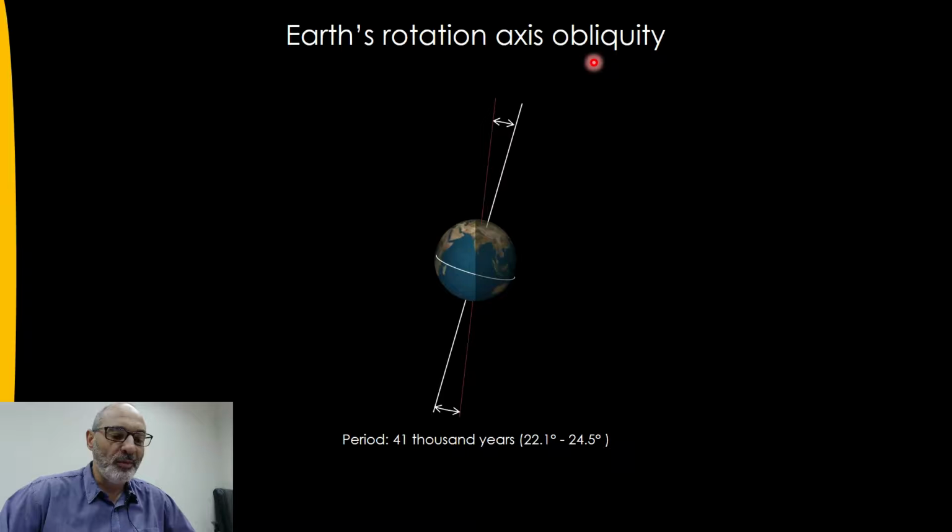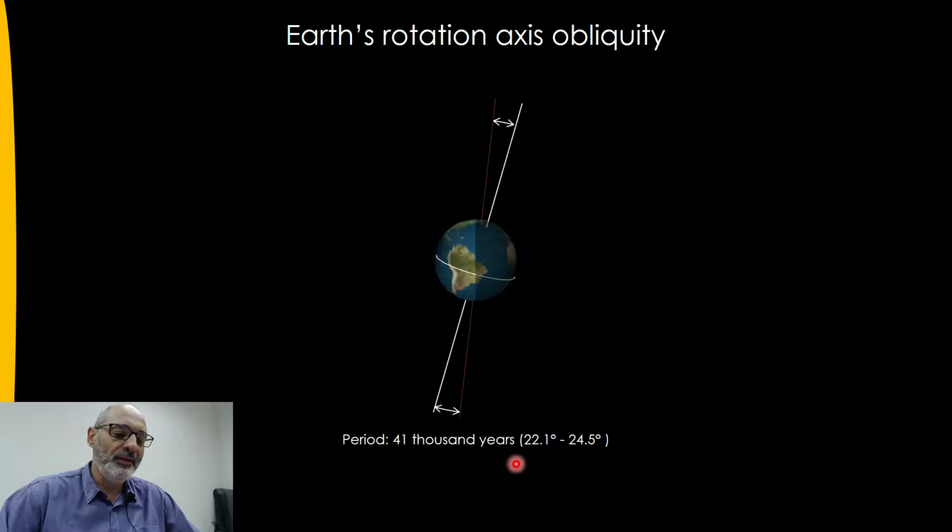It also has obliquity, the inclination of Earth's rotation axis with respect to the Sun, which varies along the years.